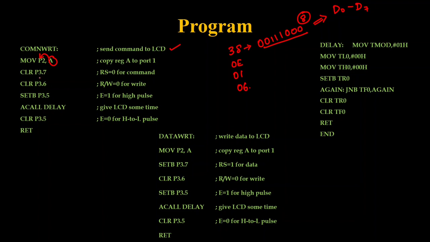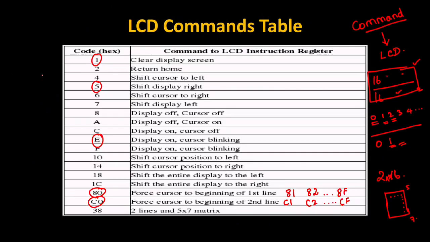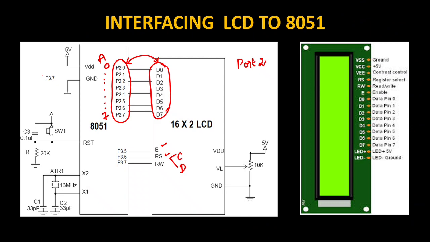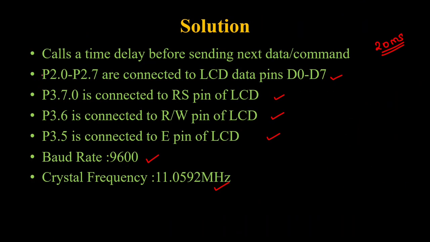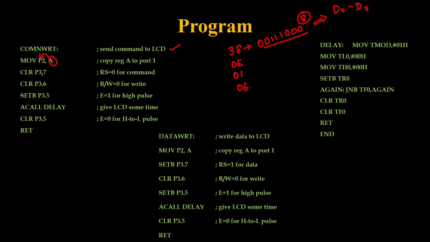After that, clear P3.7. While you are seeing your pin diagram, P3.7 is going to be your read bar write, right? Sorry, actually I have interchanged this one.